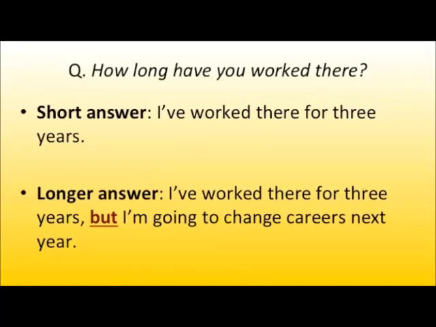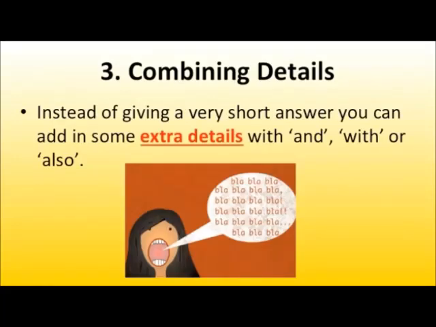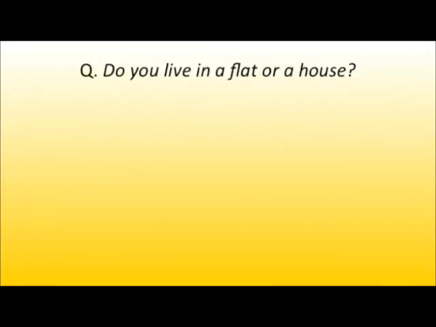The next trick to expand your idea is to combine details. So instead of giving a very short answer, you can add in some extra details with and, with, or also. Let's look at an example for this. Question: do you live in a flat or a house?